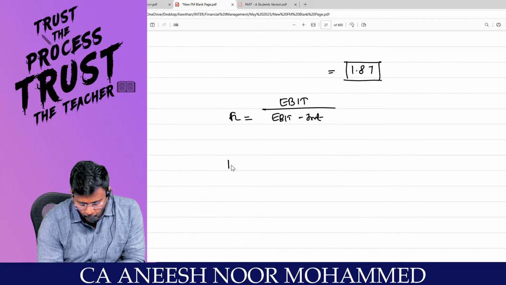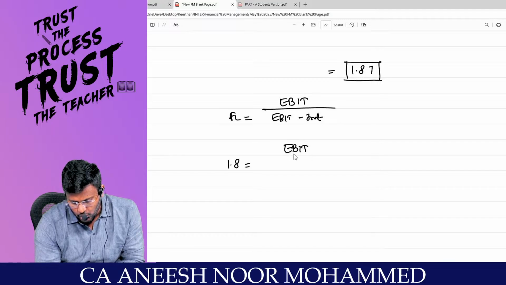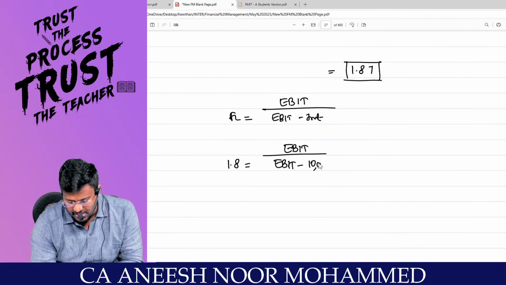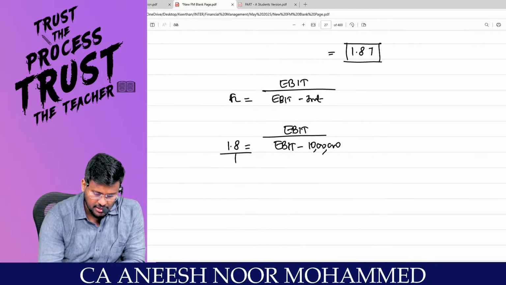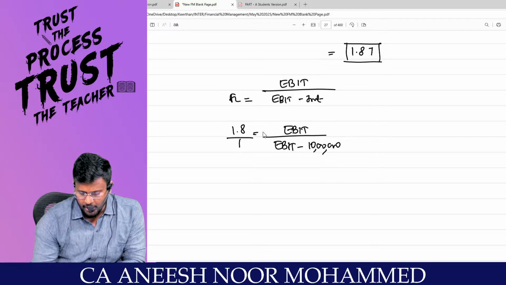So 1.8 is equal to, I don't know the EBIT, so EBIT divided by EBIT minus interest, and interest is given in the question as 10 lakh. Are you really with me? I can easily cross multiply, which is 1.8 divided by 1 should be equal to this.